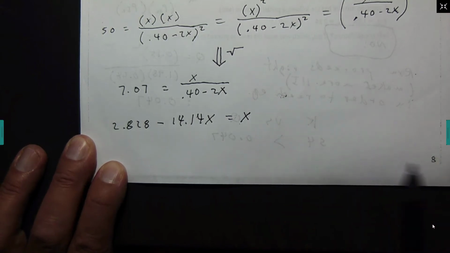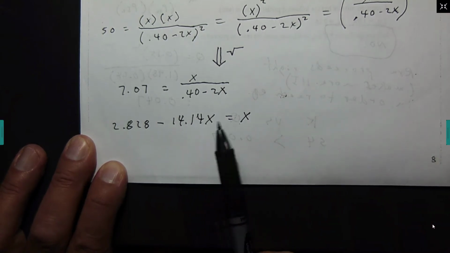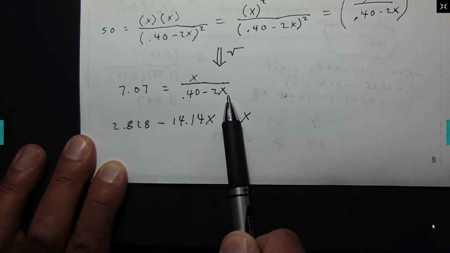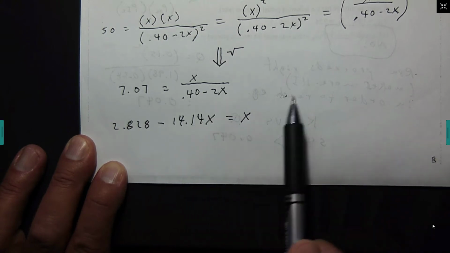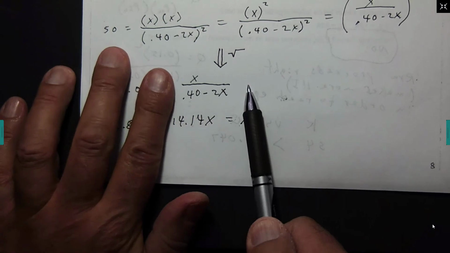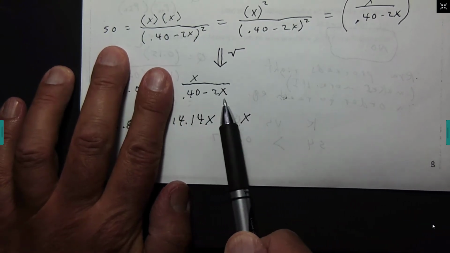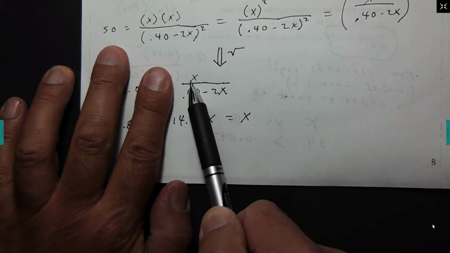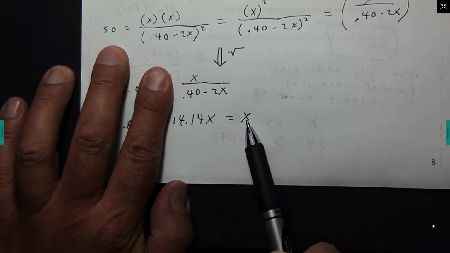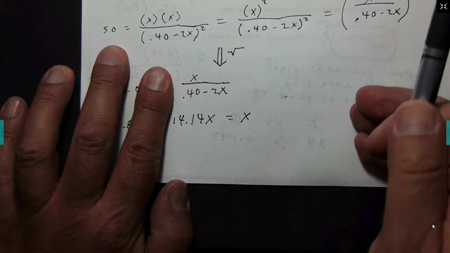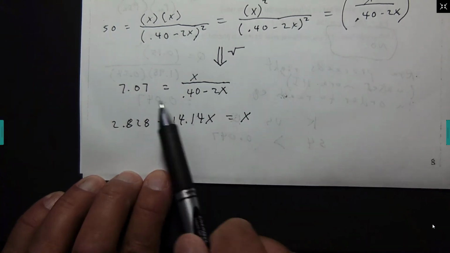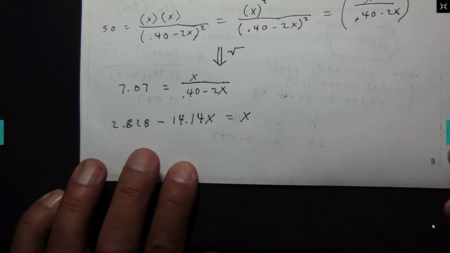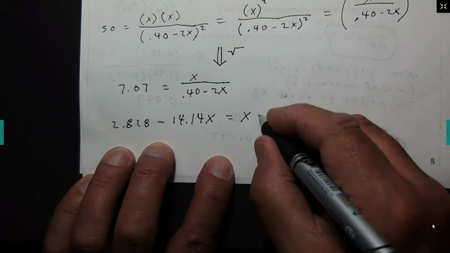The reason you're doing that, you want to get rid of this bottom half here, so if you multiply this whole side of the equation by this denominator, that denominator goes away, and I'm left with x. So if I multiply this half, I got to multiply this side. And from here, it's pretty easy to figure that out.